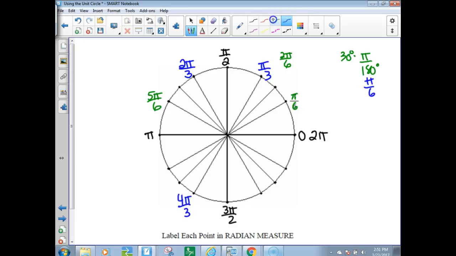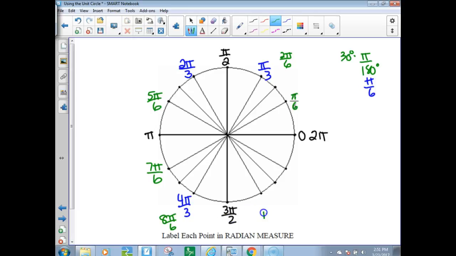Okay, so I'll go back through my pi over 6s for those of you who will be better with going by 30s. 1 pi over 6, 2 pi over 6 reduced to pi over 3, 3 pi over 6, 4 pi over 6 reduced to 2 pi over 3, 5 pi over 6, 6 pi over 6 is pi, 7 pi over 6, 8 pi over 6, which would have reduced to 4 pi over 3, 9 pi over 6 reduces to 3 pi over 2.